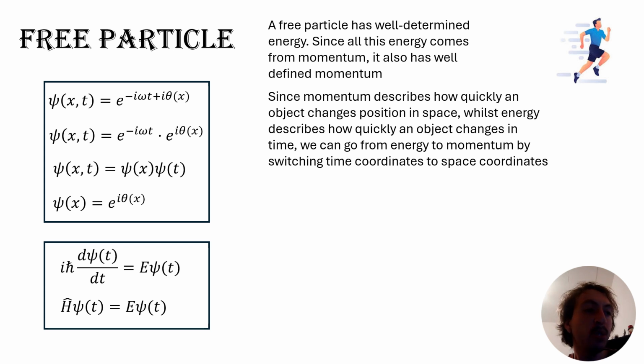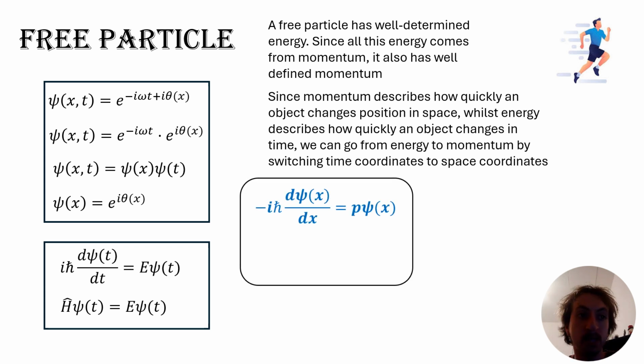And if you want a formal justification, you can use relativity, but if we exploit that link, we can essentially go from psi of t to an equation for psi of x by just replacing t with x and E with p, because p relates to space in the same way E relates to time.